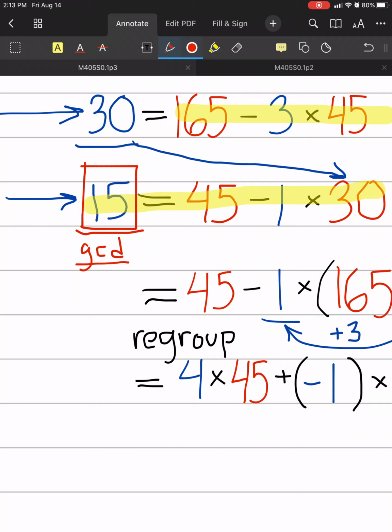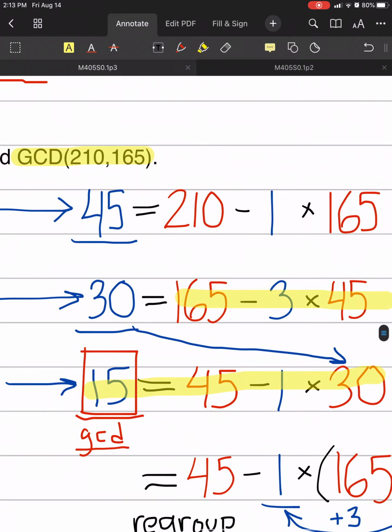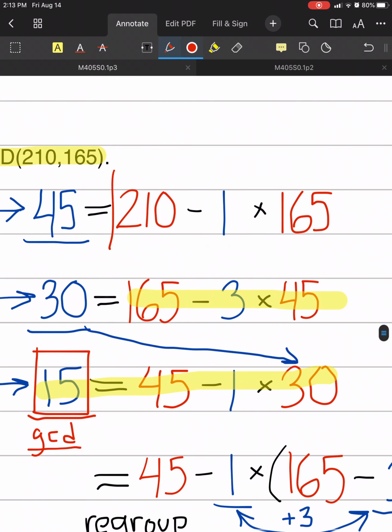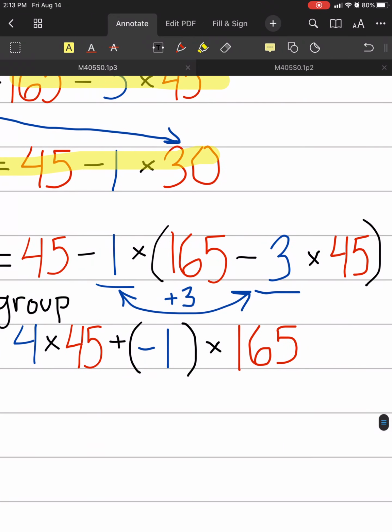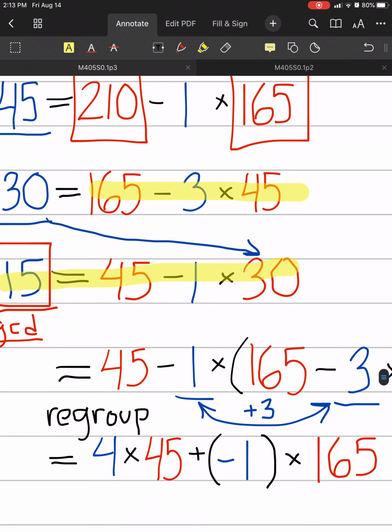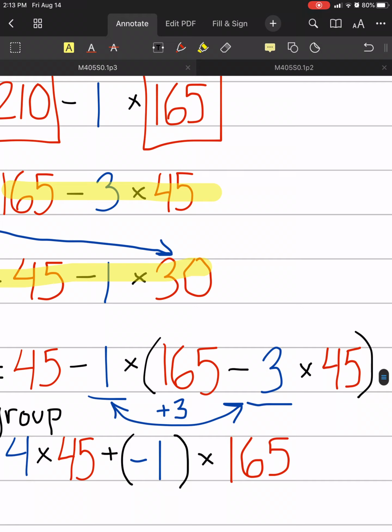We want to write that. And if you recall, the numbers we wanted to write it in terms of are 210 and 165. Right now, we've already got it in terms of 165, but the other thing is 45. So what we have to do is replace it just like we replaced the 30.